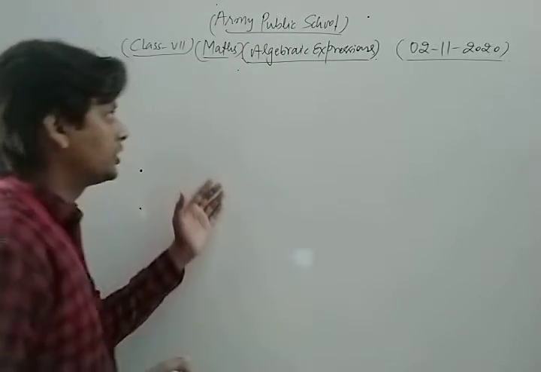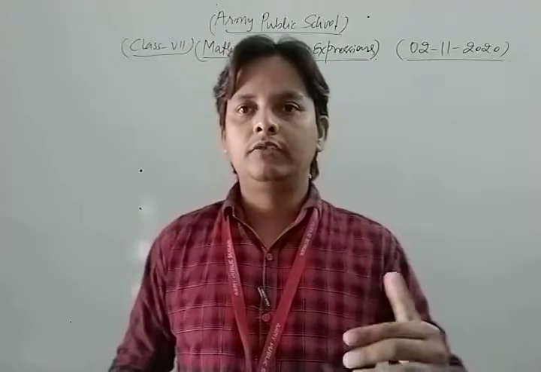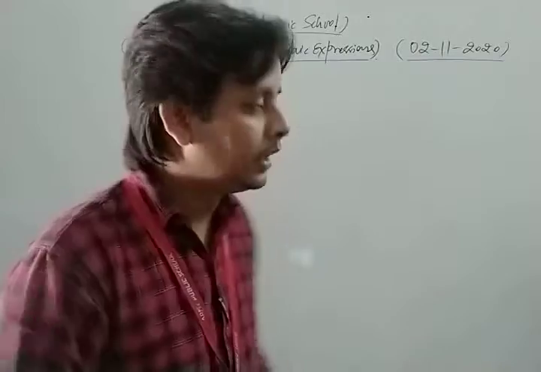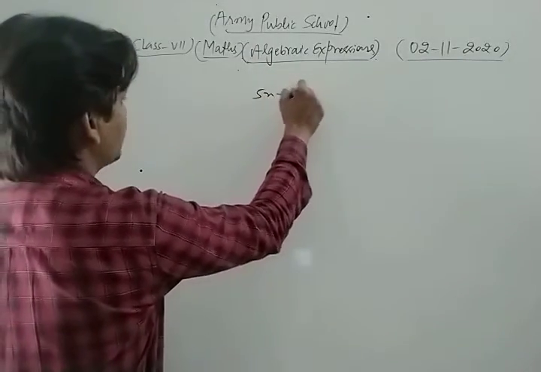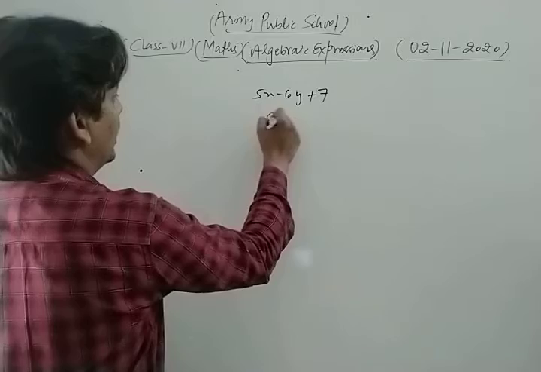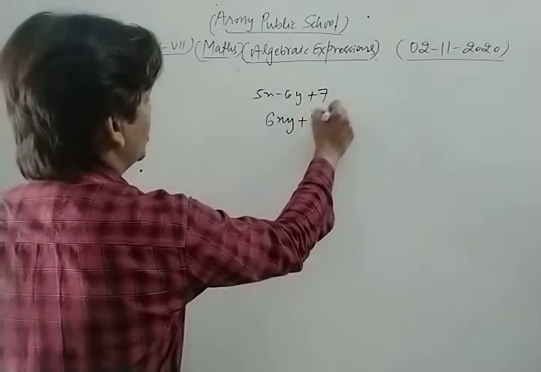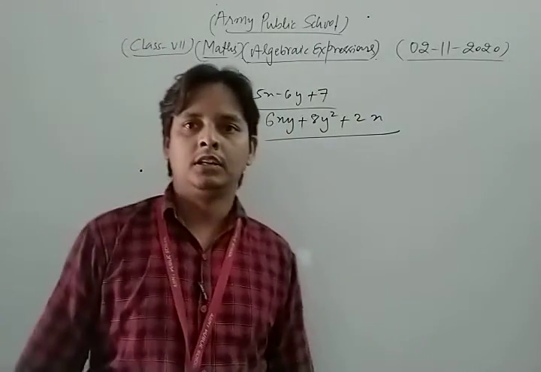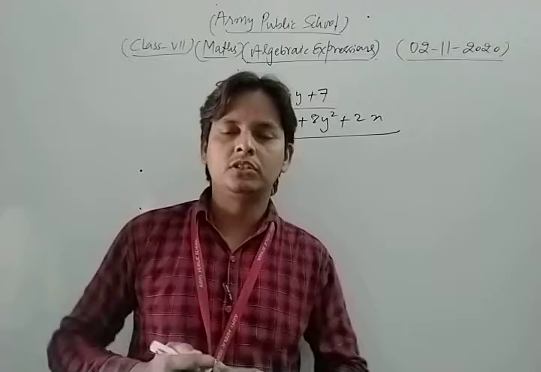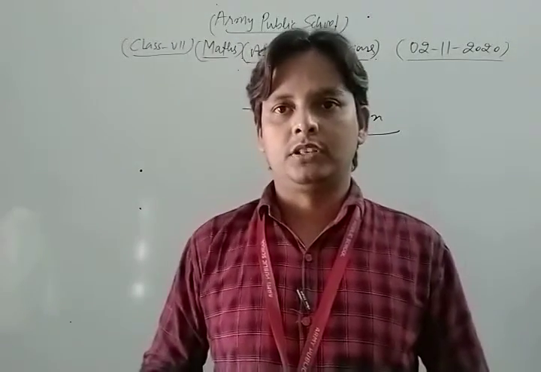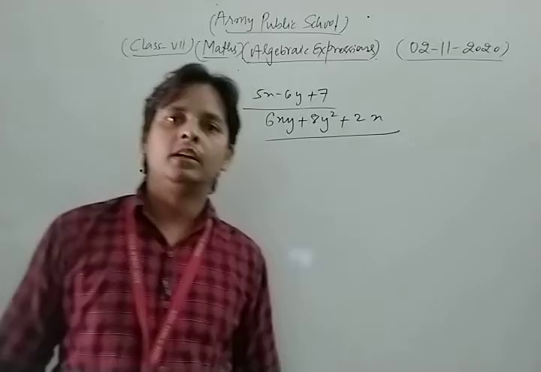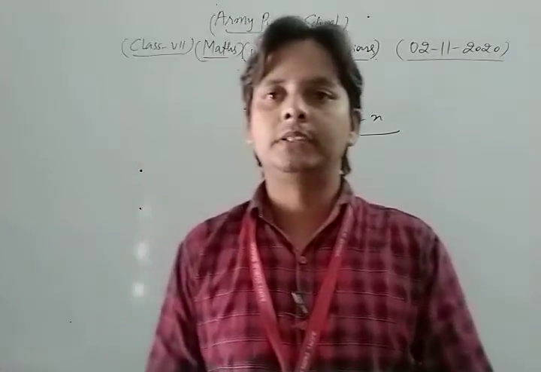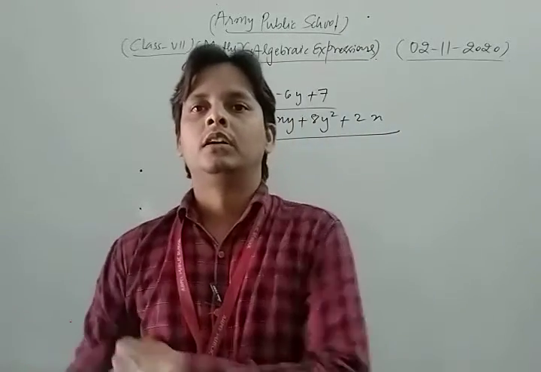Dear students, the relationship between constants and variables with some algebraic operations is known as an algebraic expression. Like if we write 5x minus 3y plus 7, 6xy plus 8, y square plus 2x, all these types of expressions are known as algebraic expressions. Thus, we can say that the relationship between constants and variables with some algebraic operations is known as an algebraic expression.